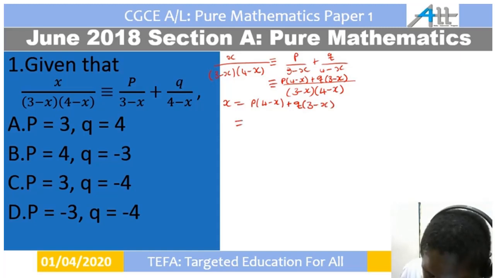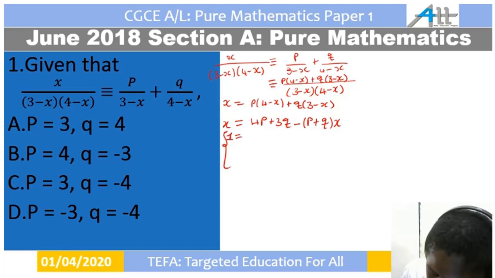We open the brackets, we obtain 4p plus 3q minus (p plus q) times x. So by identity, the coefficient of x on the left hand side, 1, should be the coefficient of x on the right hand side, negative of p plus q.